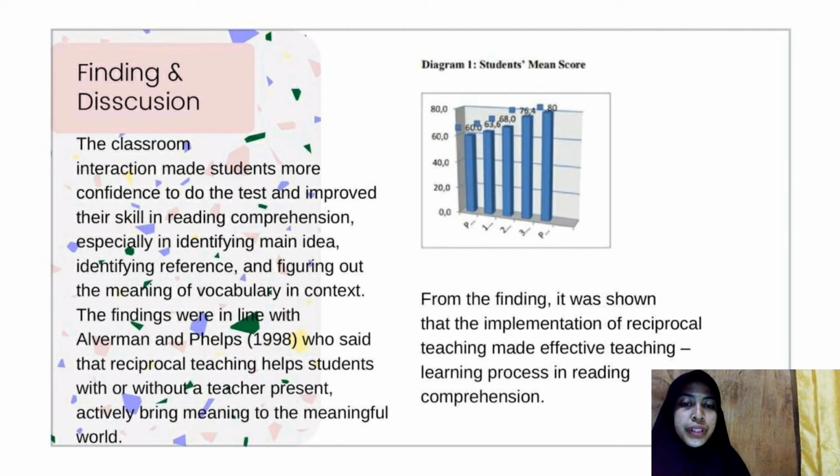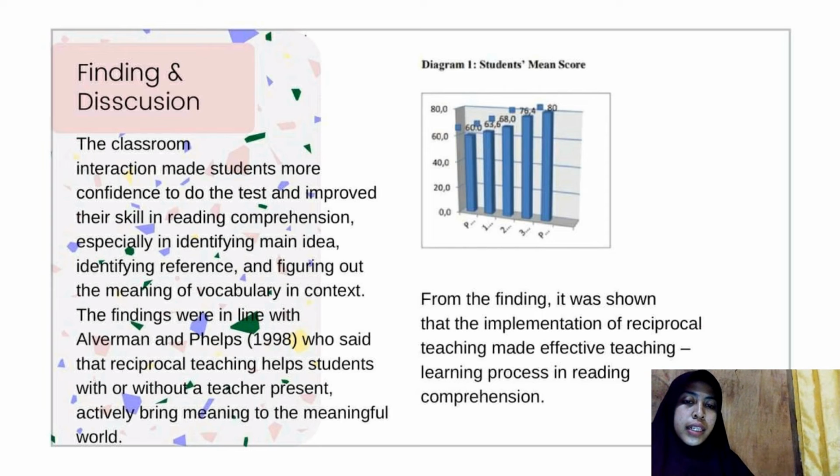The classroom interaction made students more confident to do their best and improve their skill in reading comprehension, especially in identifying main idea, identifying reference, and figuring out the meaning of vocabulary in context.